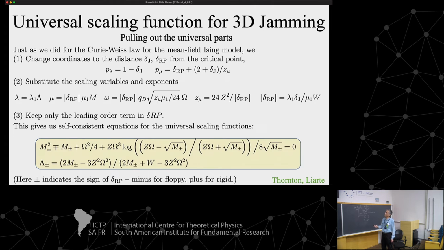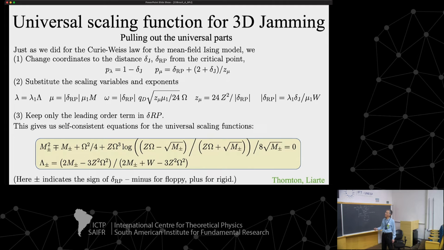So we substitute these variables. We keep only leading order terms in delta RP. And even Mathematica can do the algebra after that. So here are the self-consistent relations that we get out of that. Lambda can be written in terms of m and w and omega. And then m satisfies this equation.